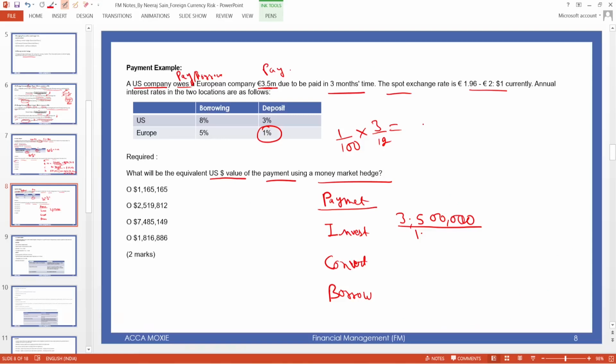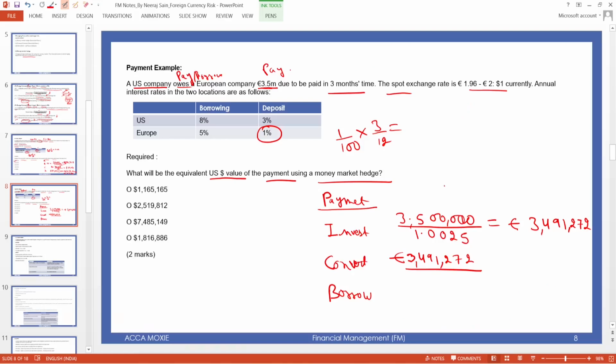This is the euro value, 1.025, which gives 49127. Then you convert that, and since this is the euro, you have to divide it by the euro rate. Which rate should you use?